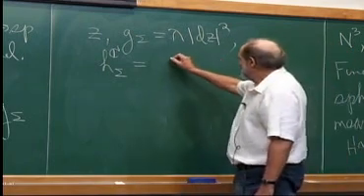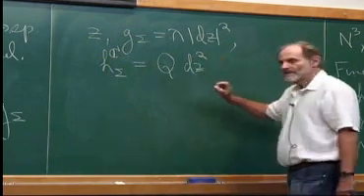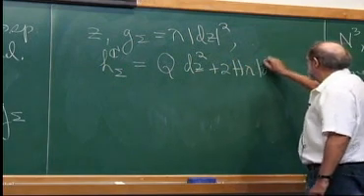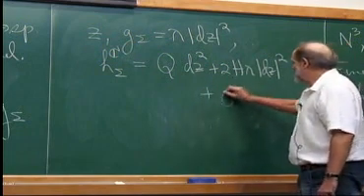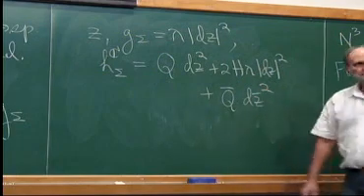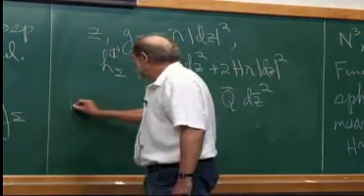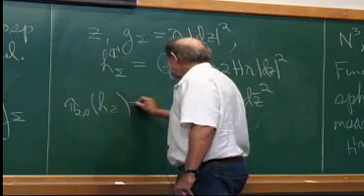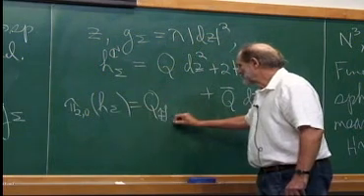So you can write it as q dz squared, a complex function, plus 2h lambda dz dz bar, the 1-1 part, plus q bar dz bar squared. By definition, the 2-0 part is precisely q. And this is called, in this context, the Hopf differential.